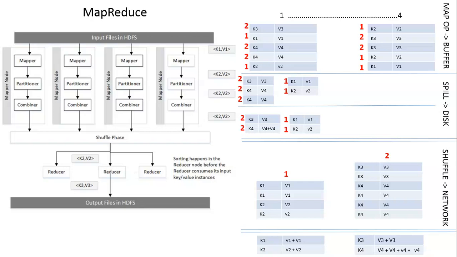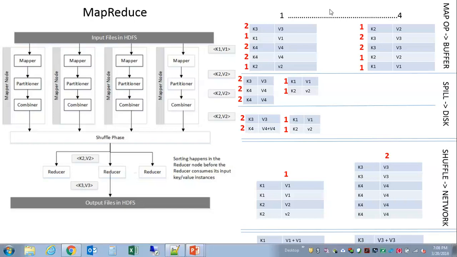So let's say you are doing either a word count or the k-means clustering algorithm. Then the function is going to take key value pairs, and it is going to emit intermediate key value pairs. I have shown examples on the right-hand side.